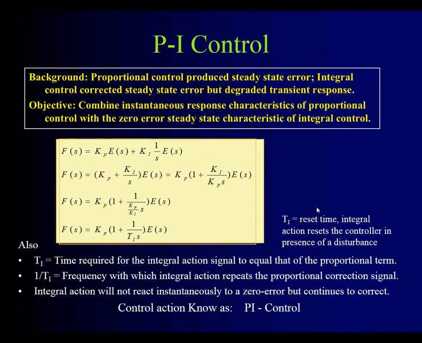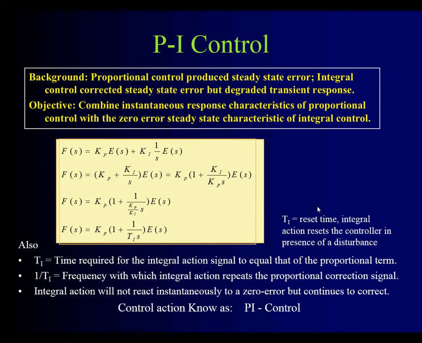If you come to a PI control, you have this kind of background. Proportional control produces steady state error. Integral control corrected the steady state error, but degraded the transient response, meaning the system becomes unstable, or has the tendency to become unstable, depending on how much of this integration you have.